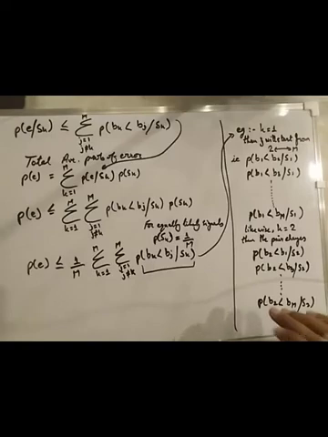Now for pairwise error probabilities, we have already seen the expression in terms of the Q function.